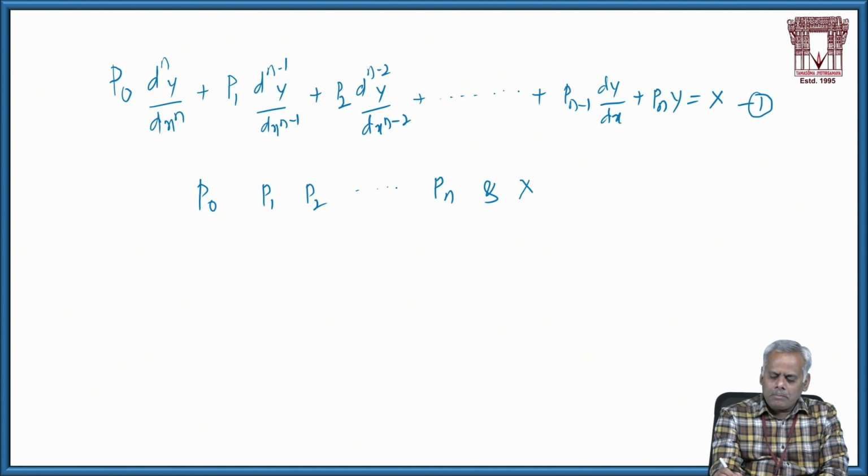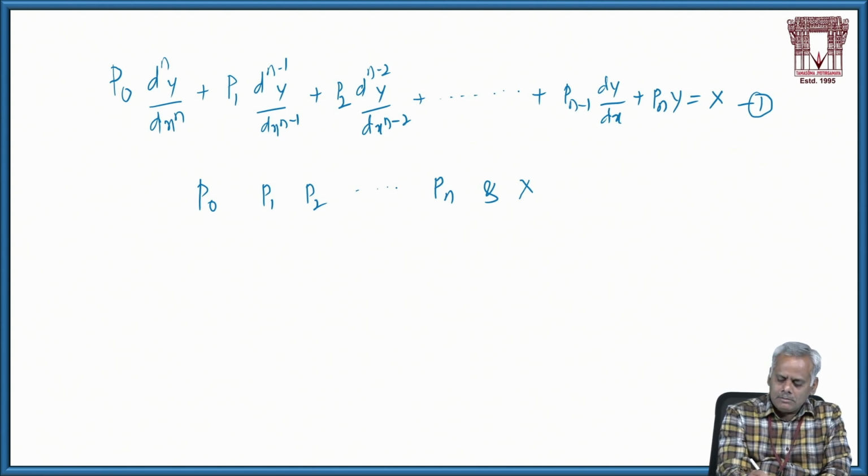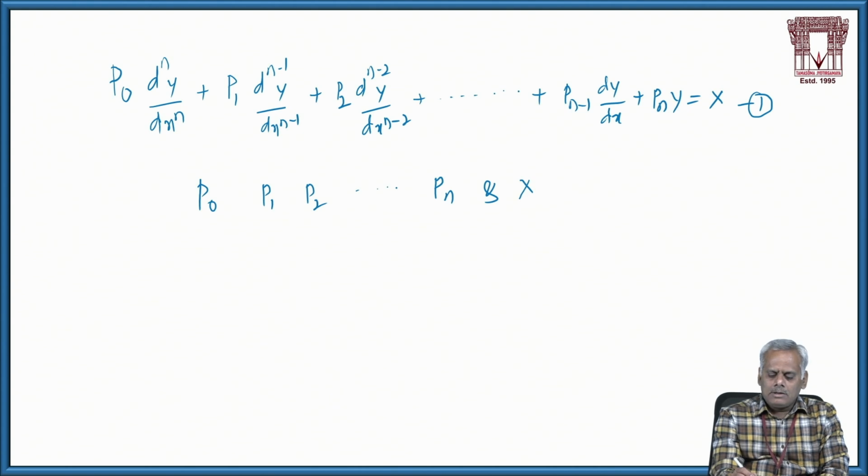If P0, P1, P2 up to Pn are constants, then equation 1 is called a higher order or, in particular, nth order linear differential equation with constant coefficients.